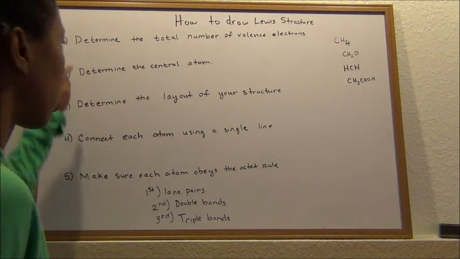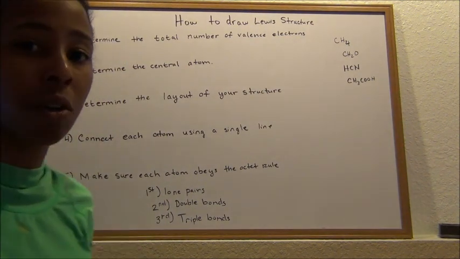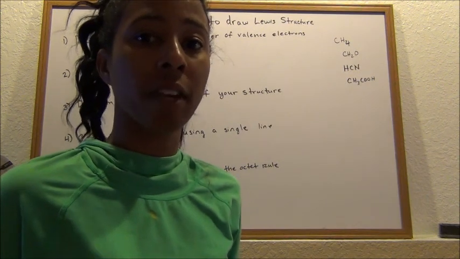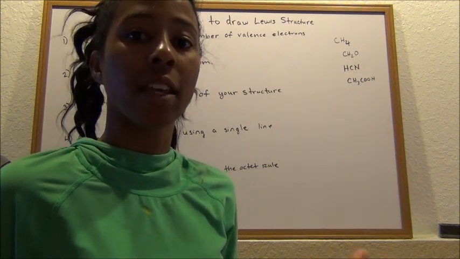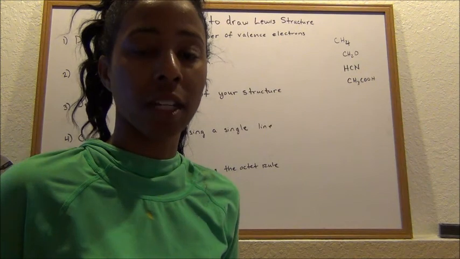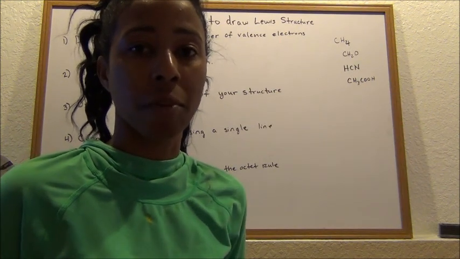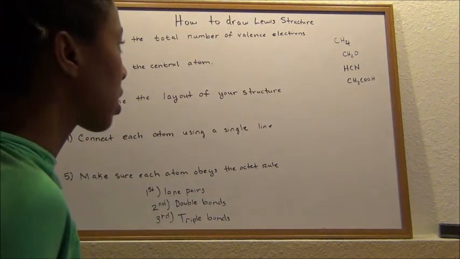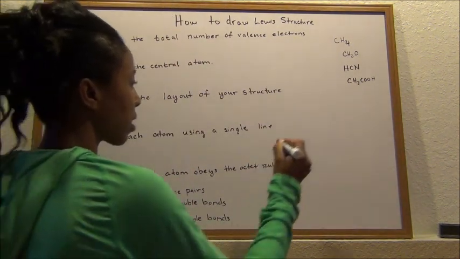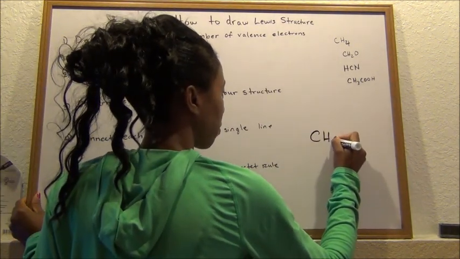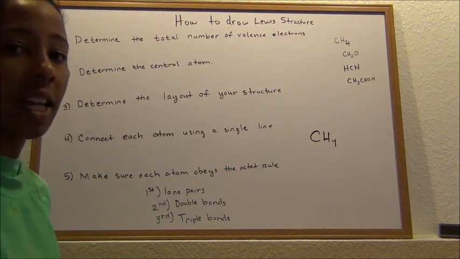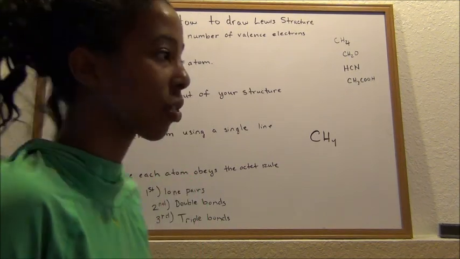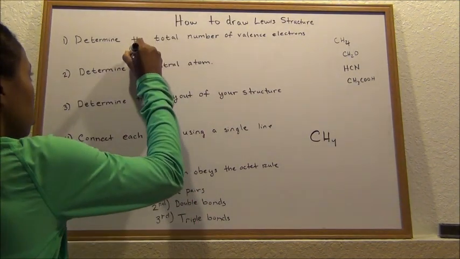Now, the first thing that you should do is determine the total amount of valence electrons. And if you can't determine the valence electrons, then you need to go back and look at the video that deals with determining the number of valence electrons an atom has. But we're going to look at CH4 first. Now, carbon is in group 4A, so it has 4 valence electrons.